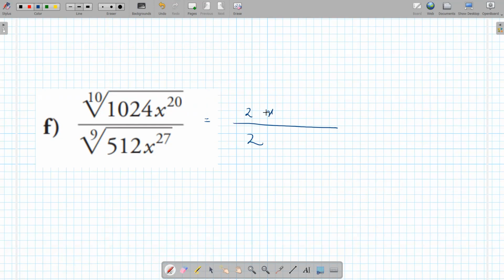The 9th root of x^27? X cubed. Do the 2's cancel out? They do. x^2 over x^3, what's the final answer? 1/x, yeah, and you're done.